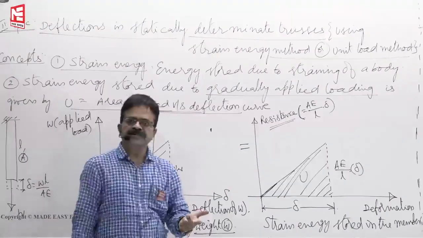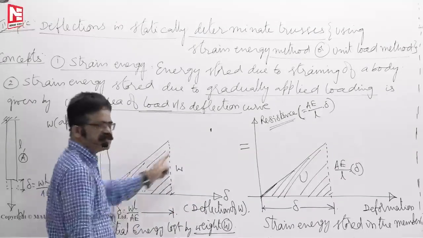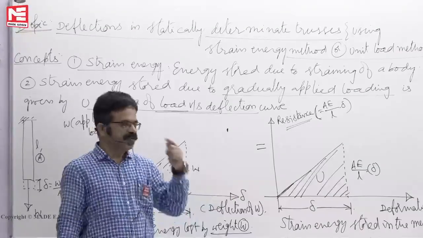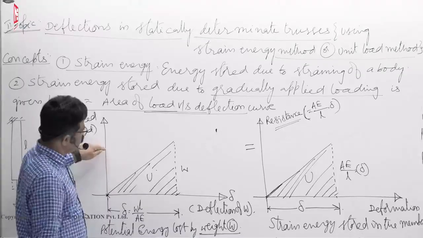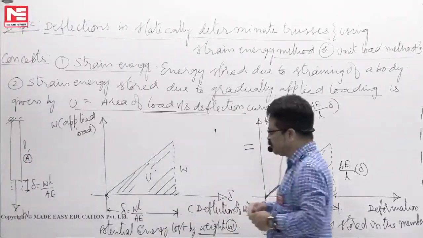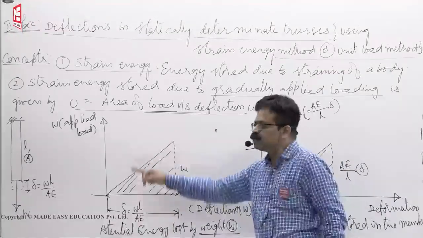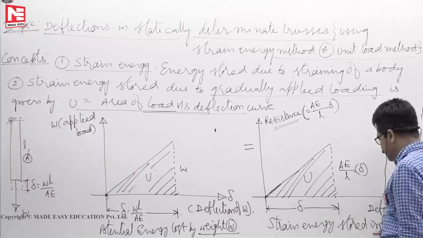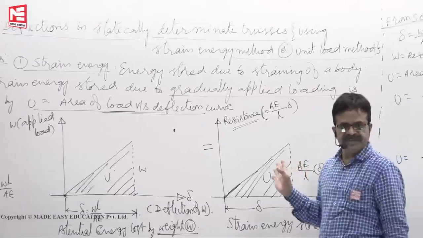We can also apply the load suddenly. That means instead of applying it gradually, increasing from 0 onwards, the entire load W can be applied at once. That means it will not start from 0, it starts from W itself. Then the area of the load versus deflection curve will change, but the area of the strain energy curve, that means resistance versus deformation, will not change.